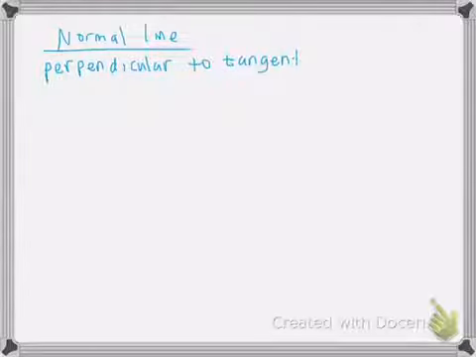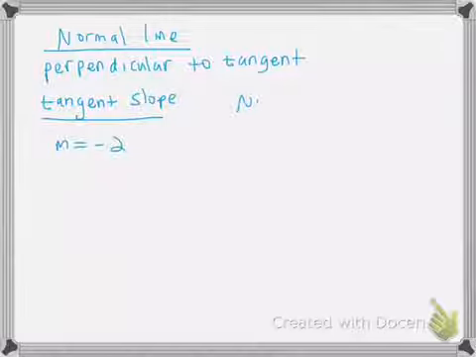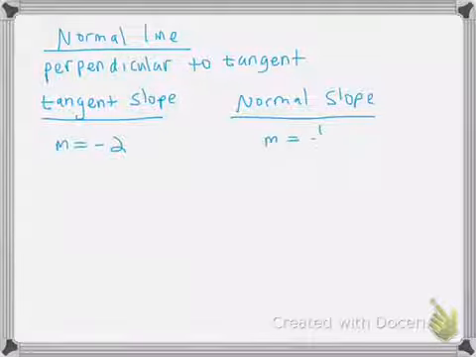We went through all that big process just to be able to find that slope. So the tangent slope is -2, and my normal slope is now 1/2, the opposite reciprocal. Change the sign from a negative to a positive, and then flip the fraction.